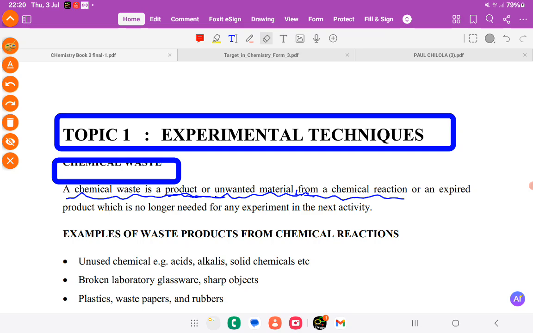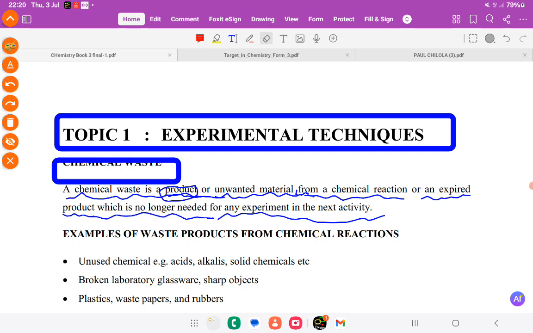The term chemical waste can also be used to refer to an expired product which is no longer needed for any experiment in the next activity. That's a chemical waste. So it can be a product from a chemical reaction.